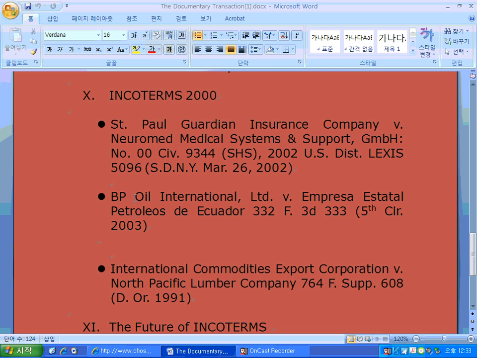And it also contains a disclaimer heading section. It states the system including all accessories and options remain the property of Neuromed until complete payment has been received.